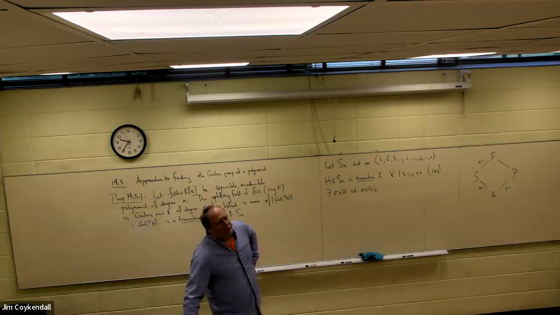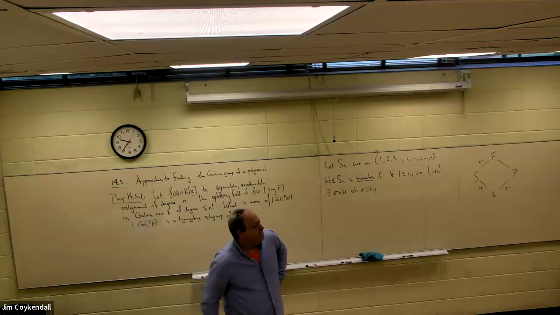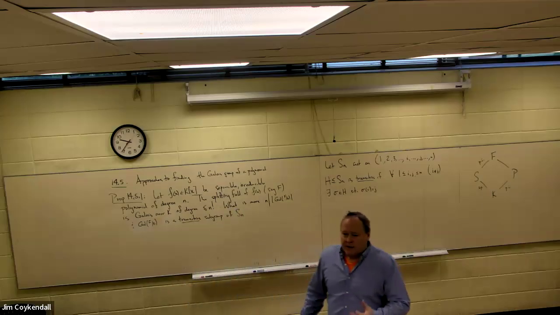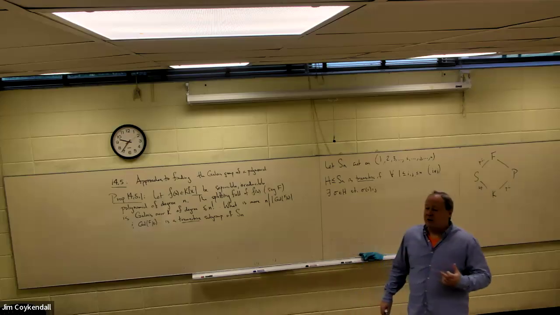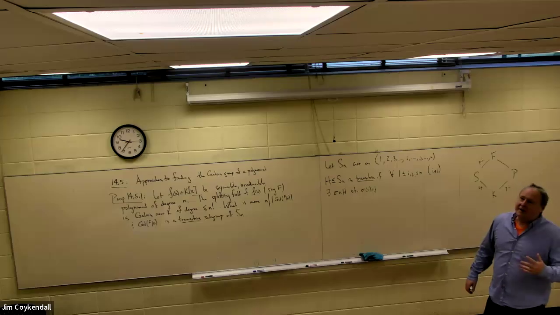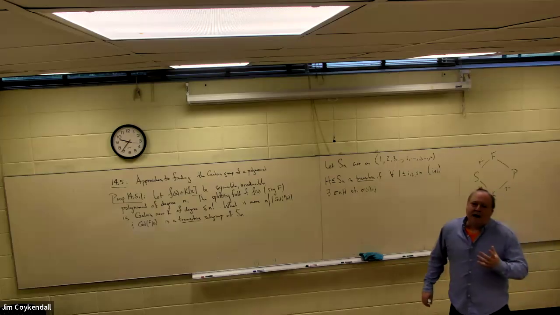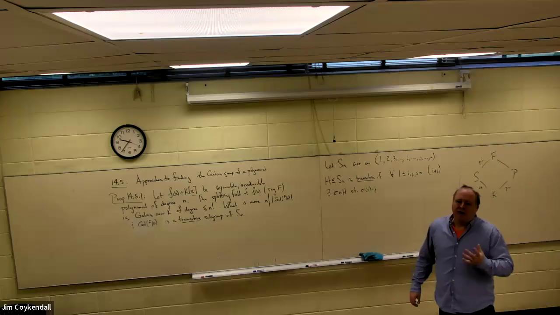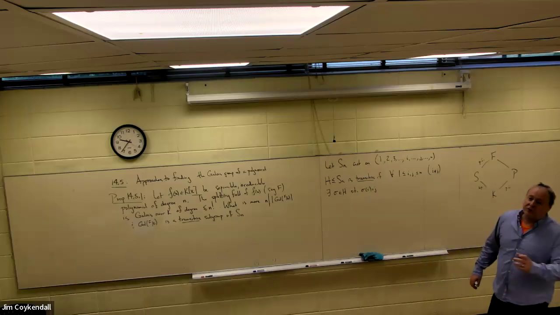Here's another one that works. A_n is a transitive subgroup of S_n as long as n is at least 3, because it turns out that A_n contains all the 3-cycles. 3-cycles are even permutations because each is a product of 2 transpositions.